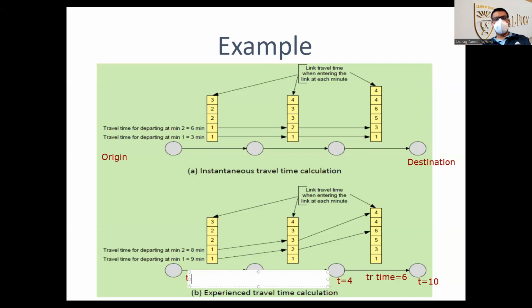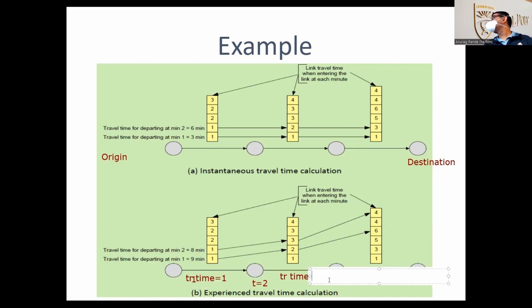Still. Then you update that, and then what's the travel time here? 3, right? Because if you started at 2 plus 1 is 3, so you don't arrive here at t equal to 2. Now you arrive at t equal to 3, and 1, 2, 3. The travel time is now 3 minutes.